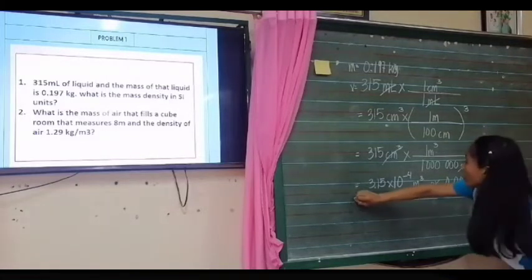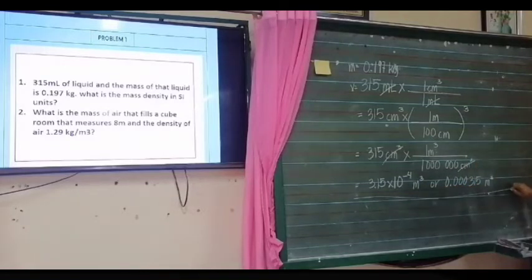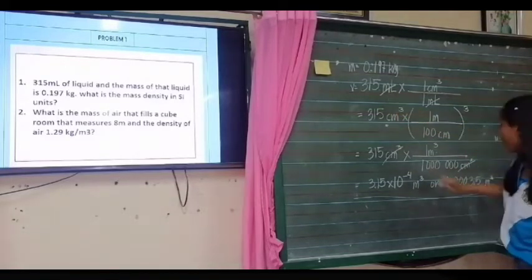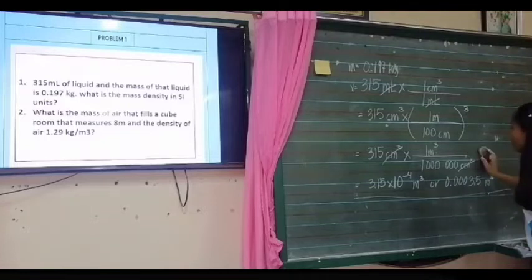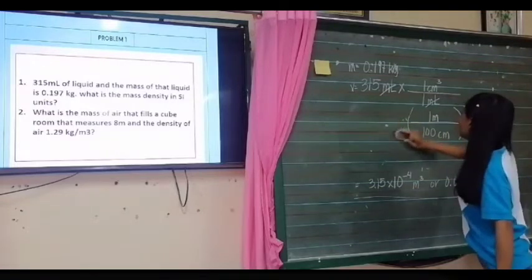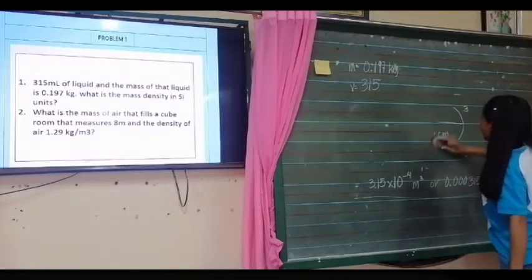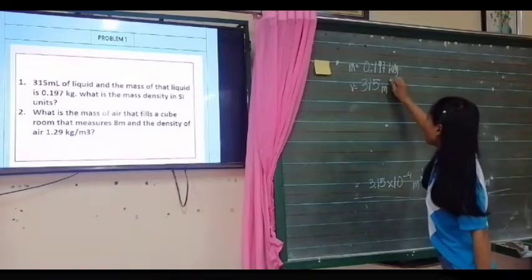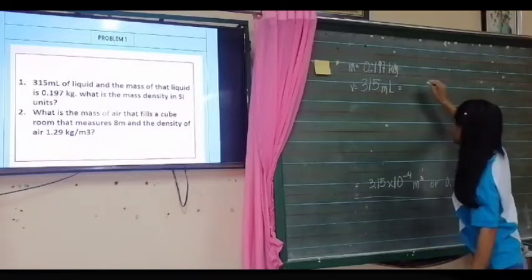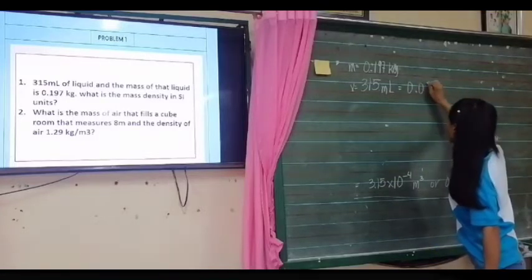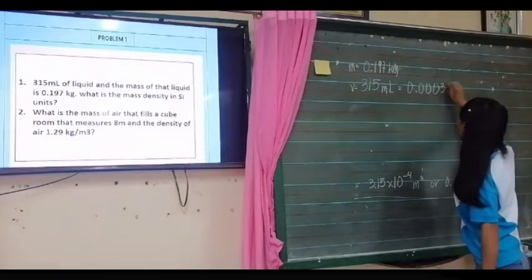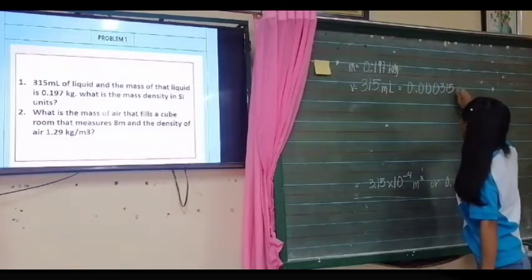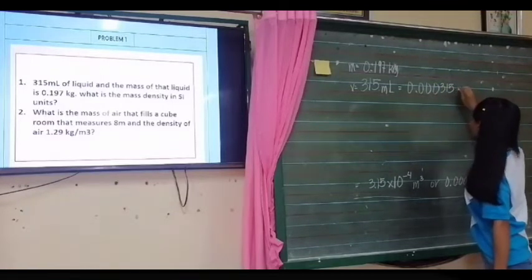So, ito na ang volume natin. So, in 315 ml, we have 0.000315 cubic meter.